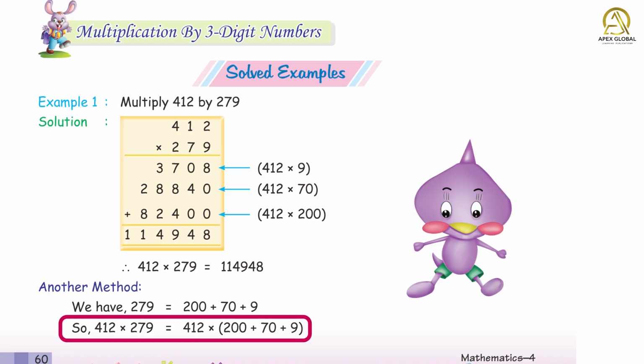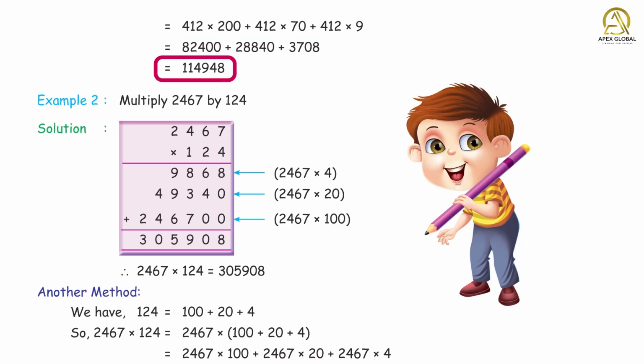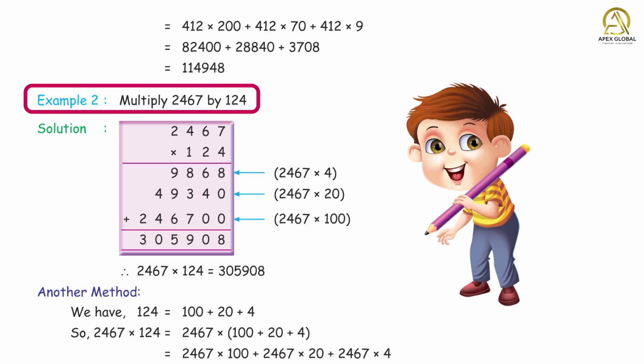So 412 into 279 is equal to 412 into 200 plus 70 plus 9. 412 into 200 plus 412 into 70 plus 412 into 9. 82,400 plus 28,840 plus 3,708. Answer 1,14,948. Example 2. Multiply 2,467 by 124.